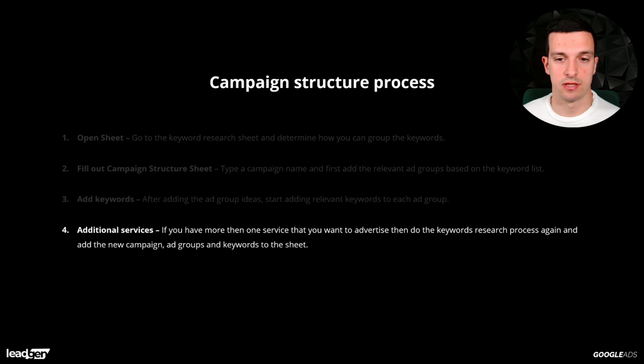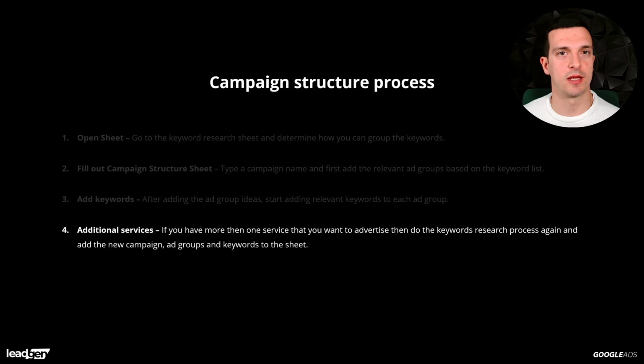Additional services. If you have more than one service that you want to advertise, then do the keyword research process again and add the new campaign ad groups and keywords on the sheet. So in this case that I'm showing you, we have only one service that we want to go for, and I would maybe encourage you, if you're new to this, to go with this one service.